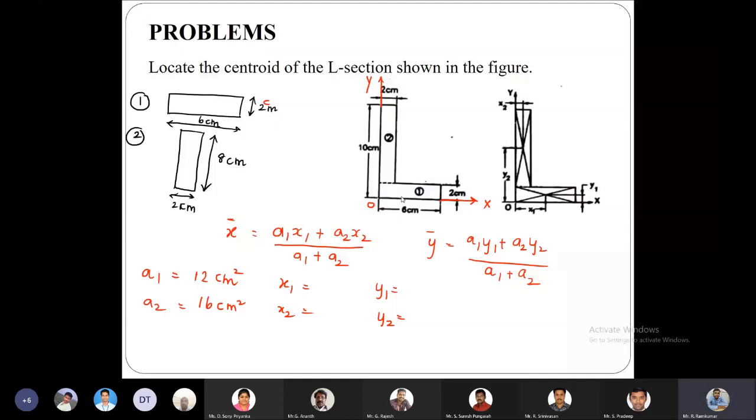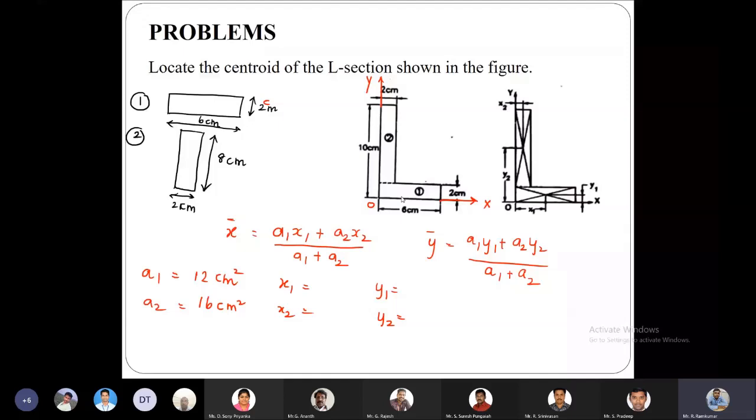So now when I apply this in the above formula, I get x bar is equal to area 12 multiplied by x1, plus area 16 into x2, which is 1, divided by a1 plus a2, that is 12 plus 16. So this will yield a value which will be in centimeters.